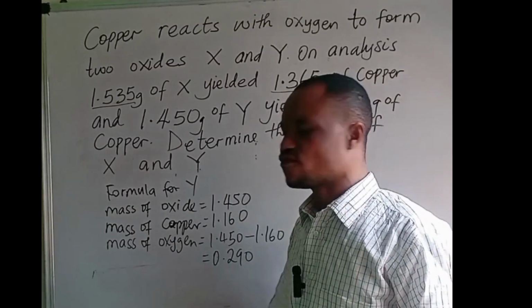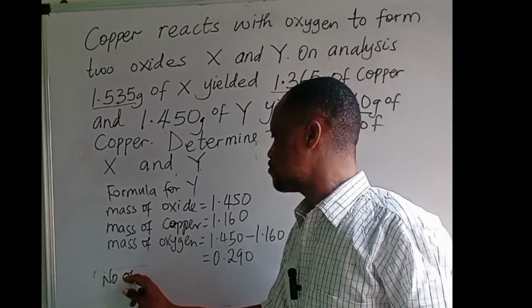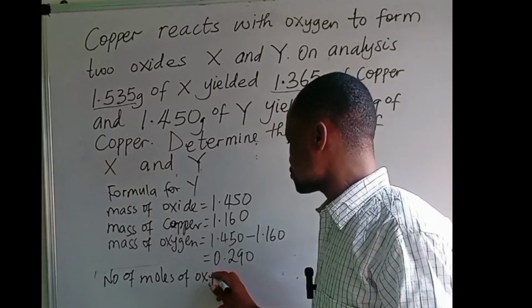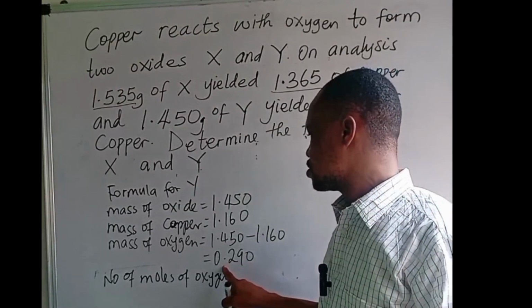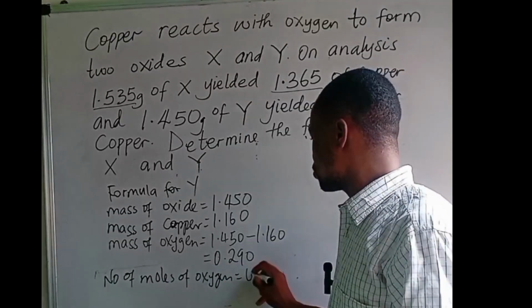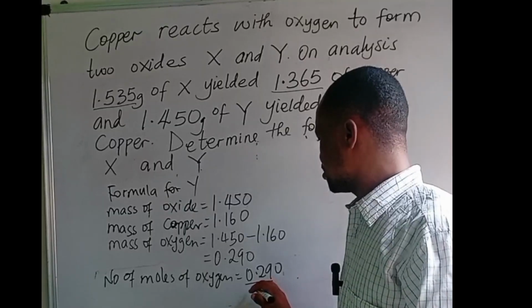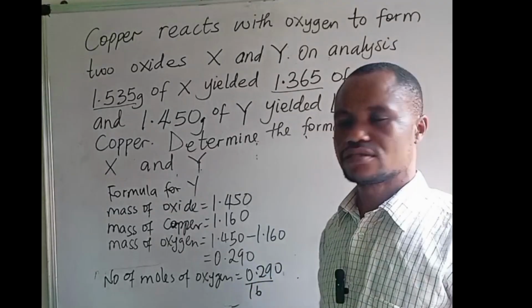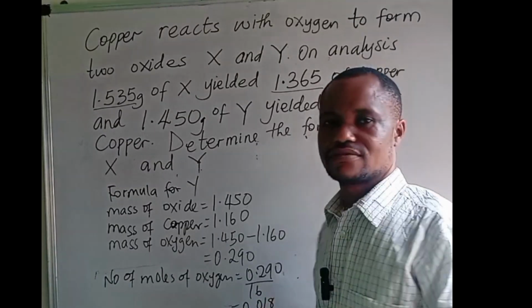Number of moles of oxygen is the mass of oxygen divided by the molar mass, equals 0.290 divided by 16. And that will give us 0.018. All right?